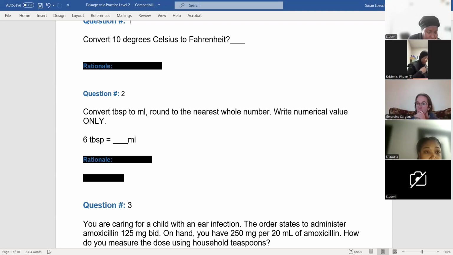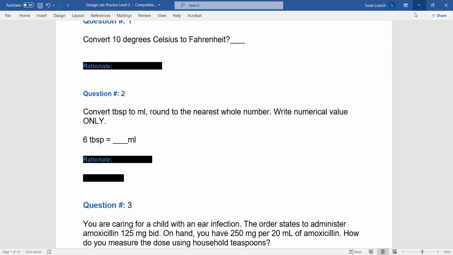Those are going to be similar to what you're going to see on the test. Let me find the chat box here. So here's the link for registered nurse. And just keep practicing. Practice, practice, practice makes perfect.